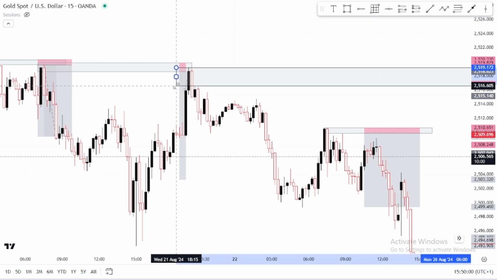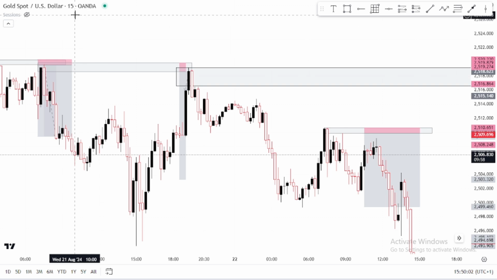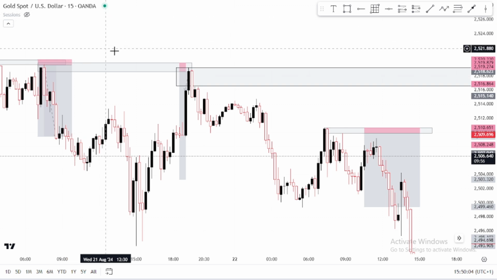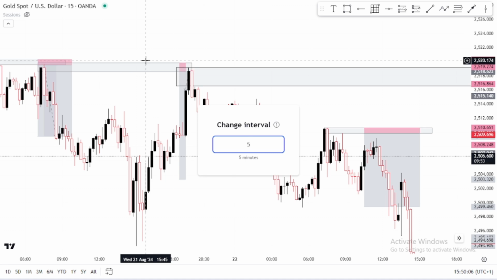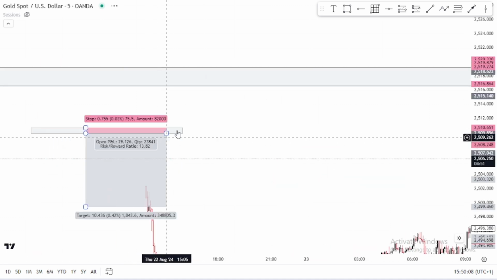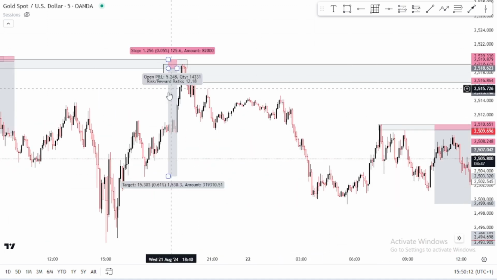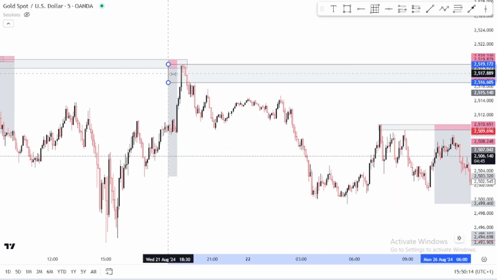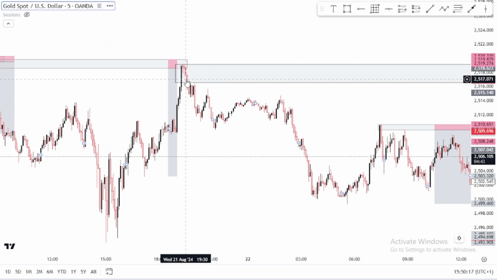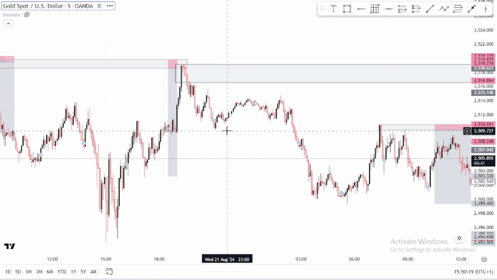Then I went down to the 5 minutes time frame. From 15 minutes, the next time frame is 5 minutes. On the 5 minutes time frame, we are unable to see two order blocks. The only one we are seeing is just one order block. Then I moved down to the 3 minutes time frame.